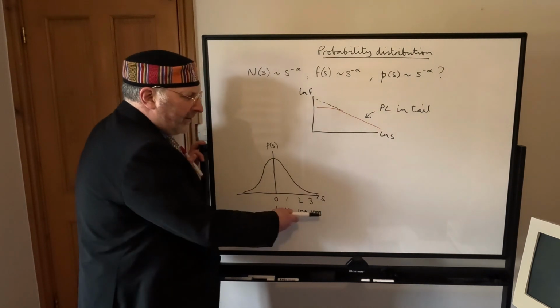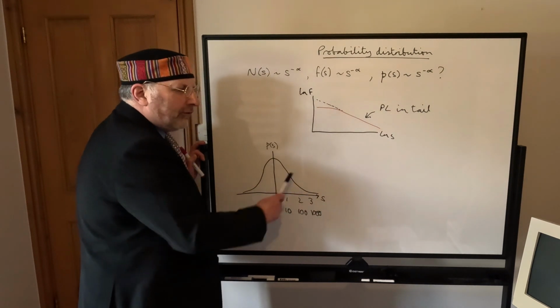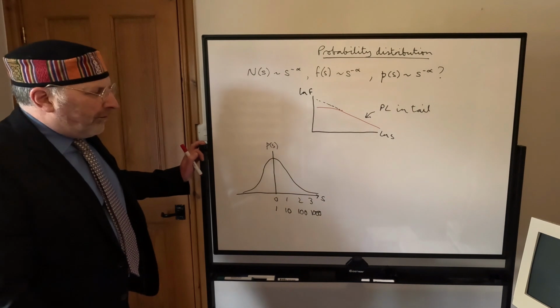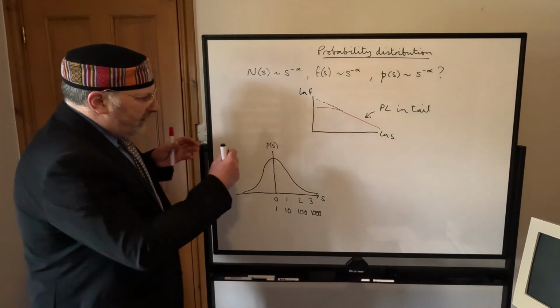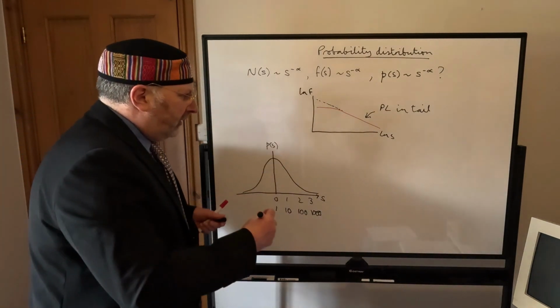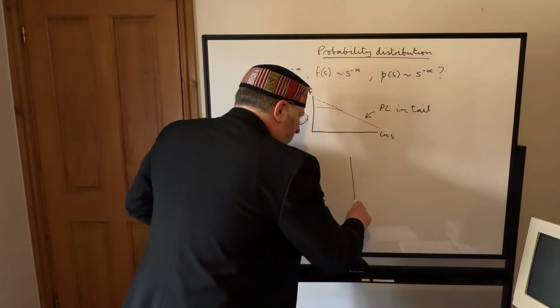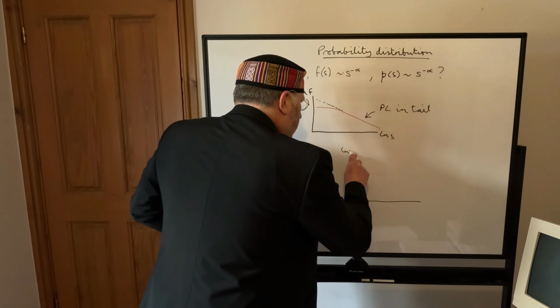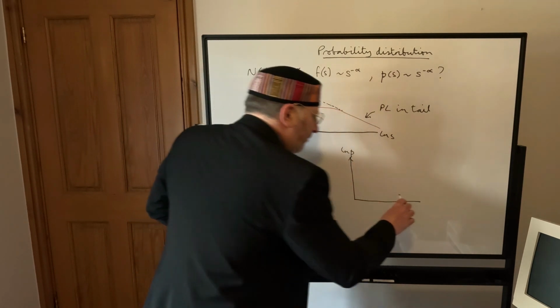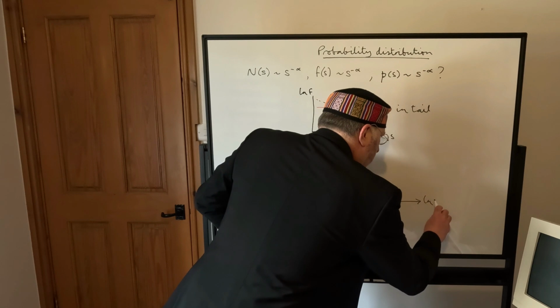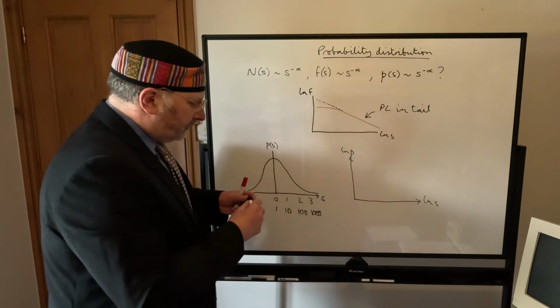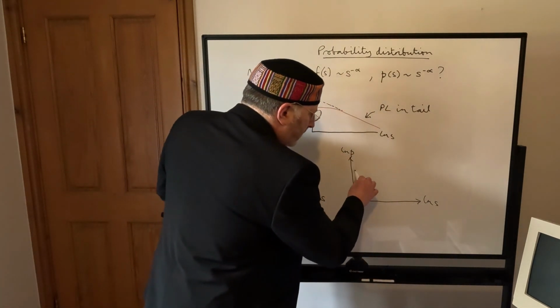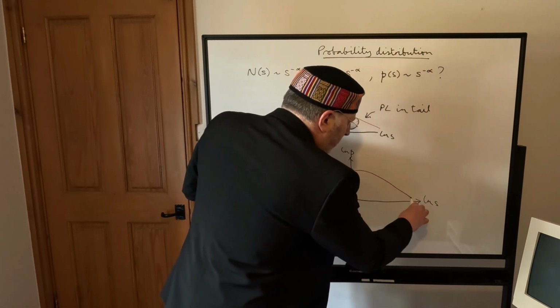You get still very large values that can occur with a reasonable probability. And if we take this log normal and plot it on a log-log chart, so we're now going to plot the logarithm of the probability against the logarithm of s, it looks like that.